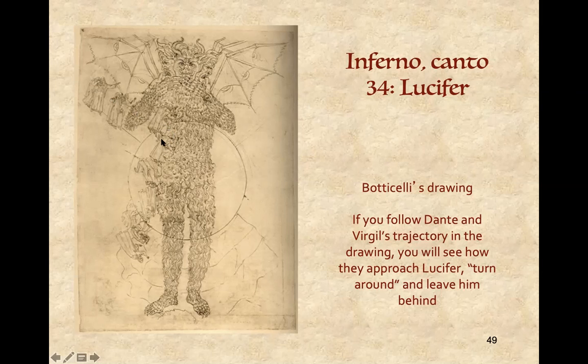And Dante says that when they come at the umbilic, at the center of Lucifer's body, Virgil tells Dante to turn around. And you can see here that then they exit hell by using the lower part of Lucifer's body as the way out.